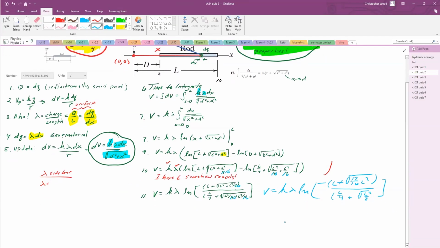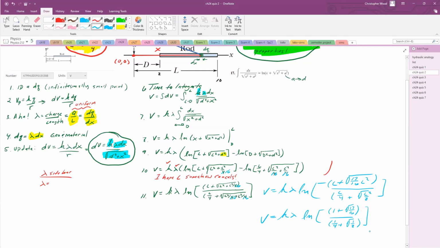And if you cancel out all the L's, V equals K lambda natural log of 1 plus the square root of 17 over 16, all over 1/4 plus square root of 1 over 8.